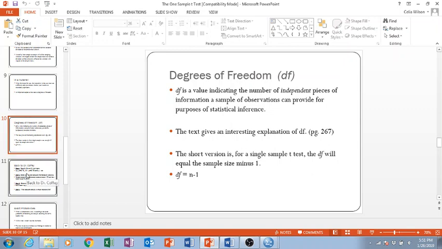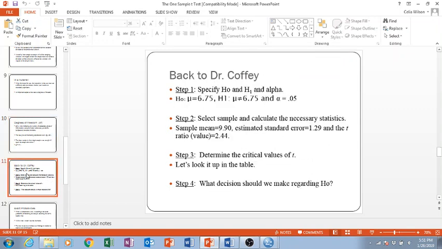So if we go back to Dr. Coffey, she went through our first step, which we've kind of run through. She specified the null hypothesis, the alternative hypothesis, and her alpha level, or her critical value, her cutoff value. Step 2, select the sample and calculate the necessary statistics.